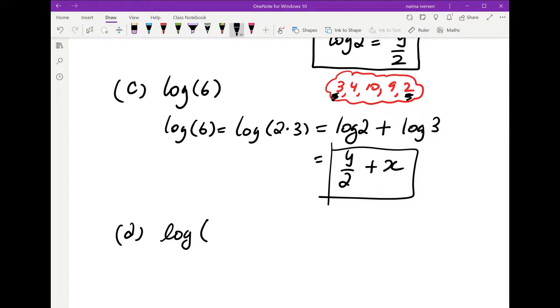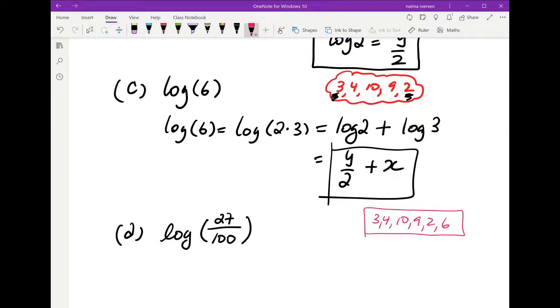The next one I'm going to do is log of 27 over 100. Keep in mind that the numbers we're working with so far are 3, 4, 10, 9, 2, and now also 6. We've got all those numbers that we have expressions for already that we can work with.